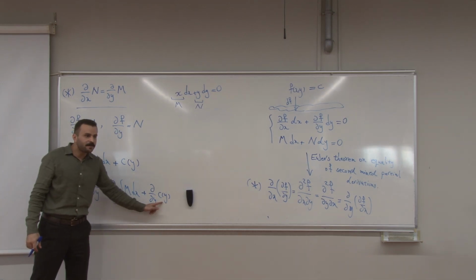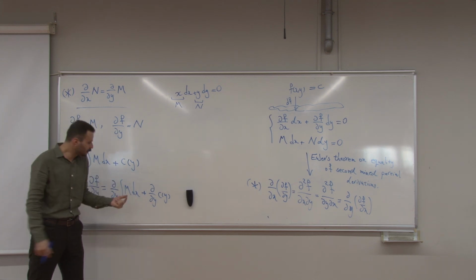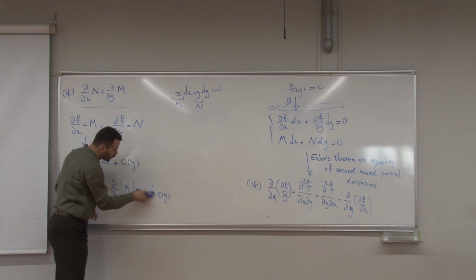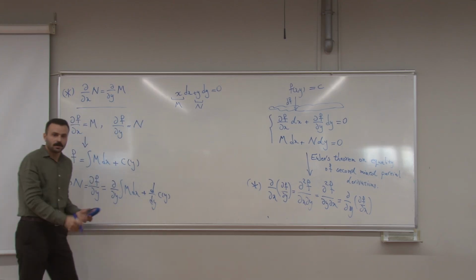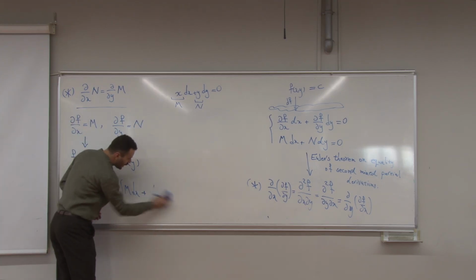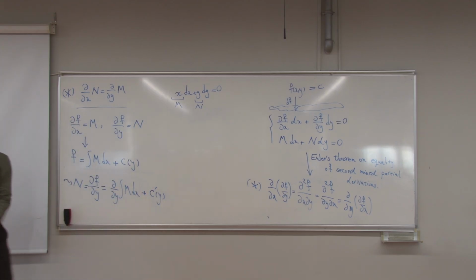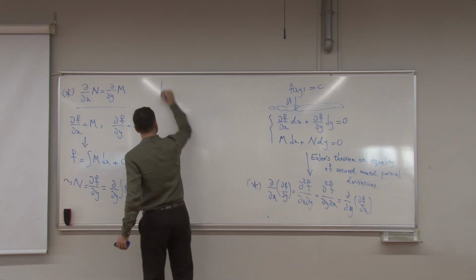When I'm having a function of a single variable and I'm taking its partial derivative, it is exactly equivalent to taking the normal derivative. So this is actually d/dy, which I can also write as c prime, right? So what is going to happen here? Let me just come here.